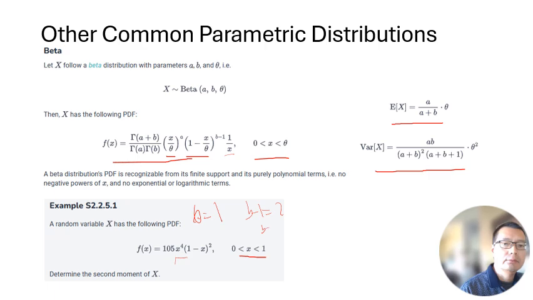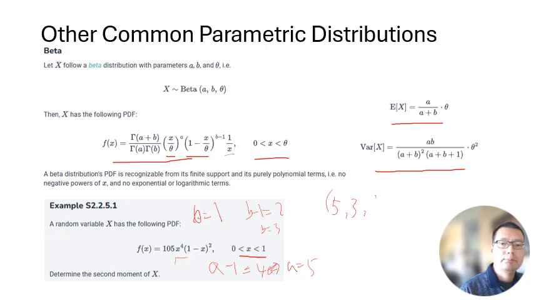So b is 3. Here x to the a minus 1, so a minus 1 is equal to 4. This gives you a is equal to 5.